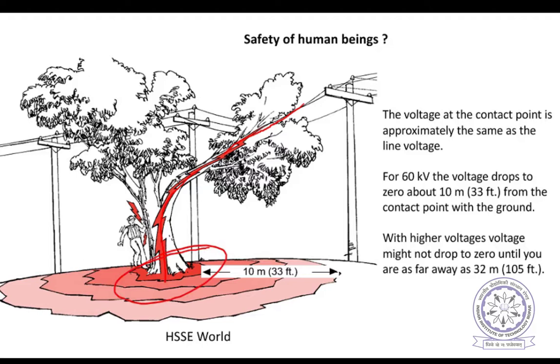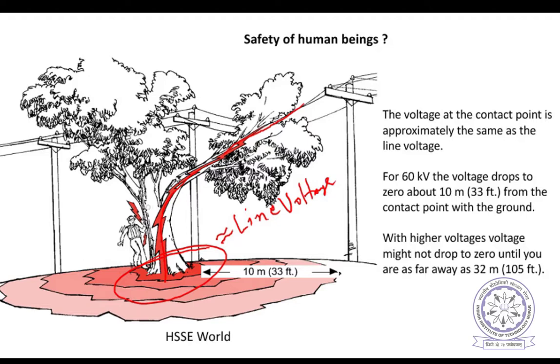The potential drop is in fact almost zero here, which means almost line voltage will be there, because the drop along the tree is negligible. So almost line voltage will be there at the bottom, at the tree.